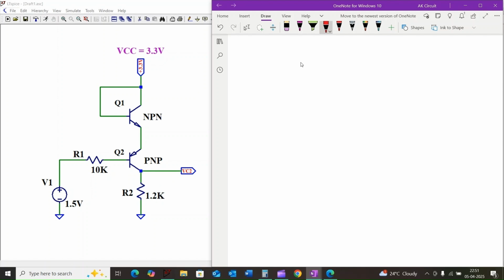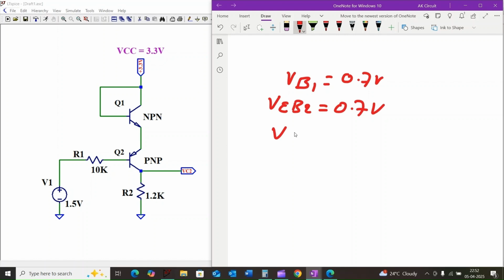We know that the base voltage of the first transistor Q1, VB1, is equal to 0.7 volt, and the emitter to base voltage of the second transistor Q2, VEB2, is also equal to 0.7 volt. Our ultimate goal is to find the value of VC2, the collector voltage of transistor Q2.